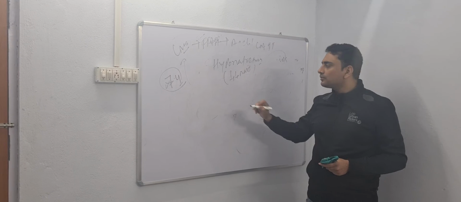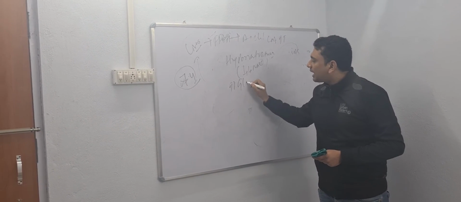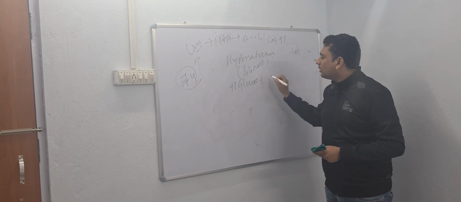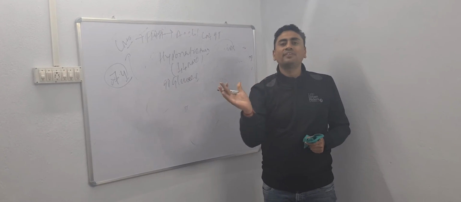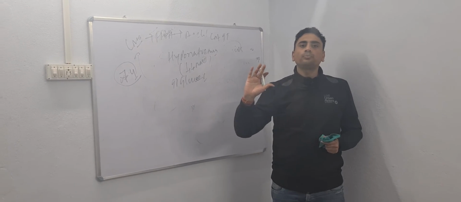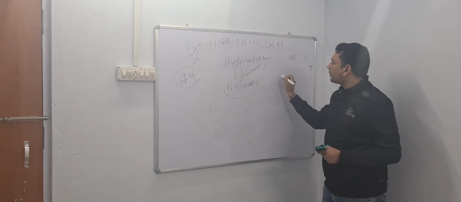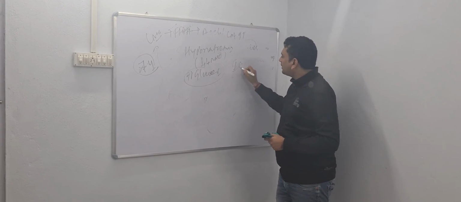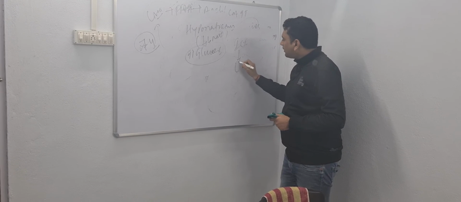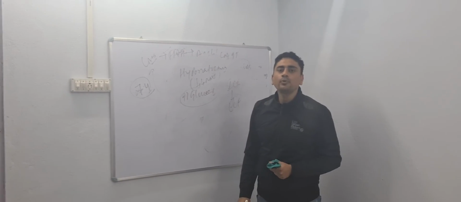Why does that happen? Because the glucose level will be on the higher side, and this high glucose level in blood will have an osmotic effect. It is going to pull water from ICF to the ECF compartment, and that will cause dilutional hyponatremia.